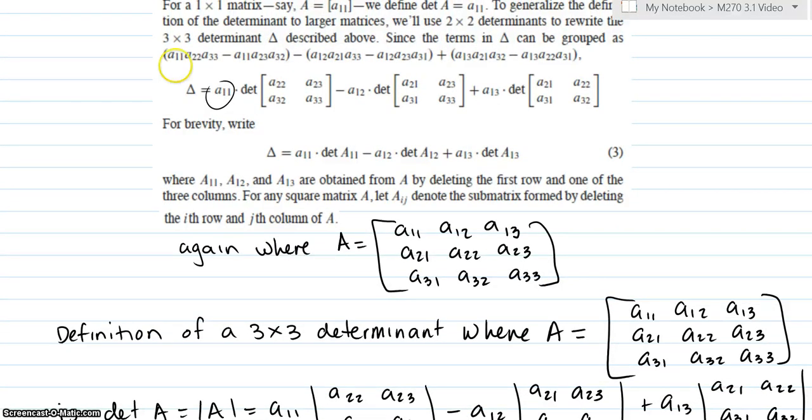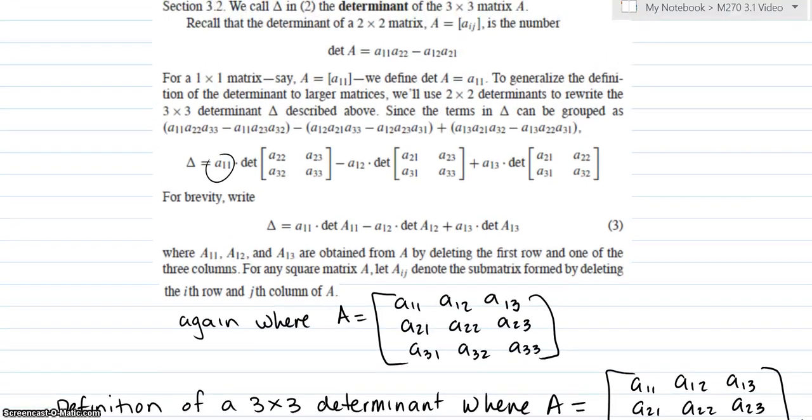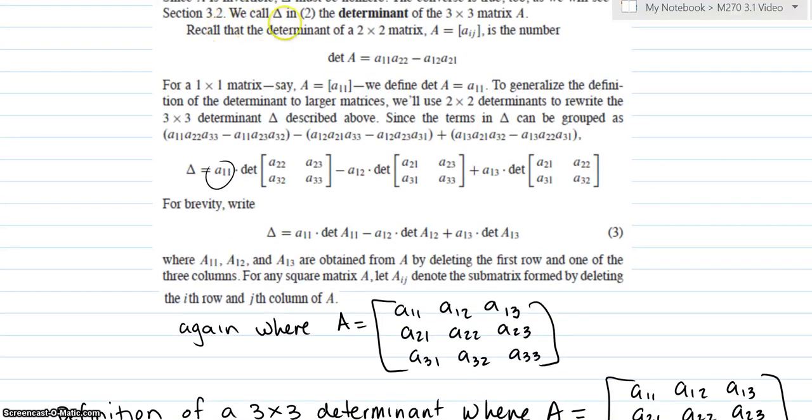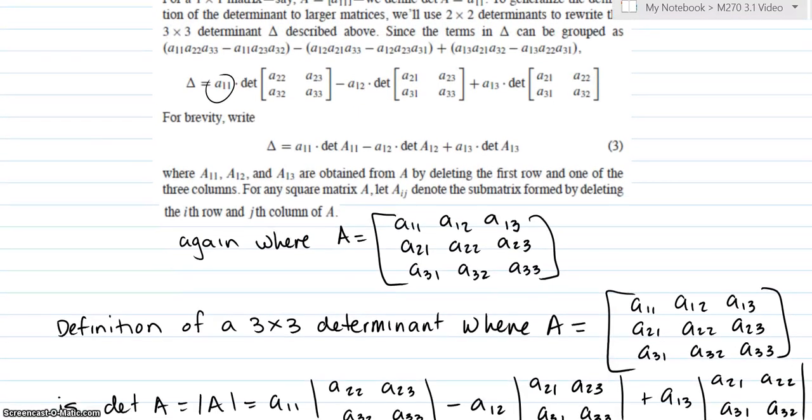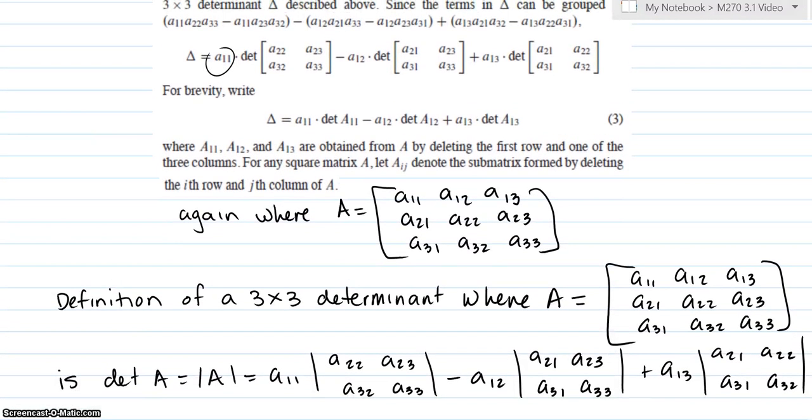And you can see here that this is what they call the determinant. It says we call delta the determinant of a 3 by 3. So that is the definition. So I just rewrote it here in the other notation. Definition of a 3 by 3 determinant, where A is that same 3 by 3.